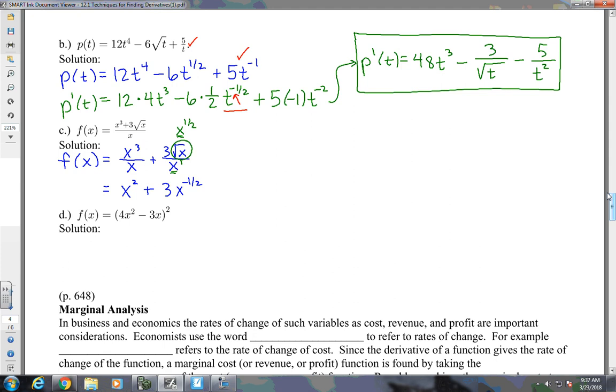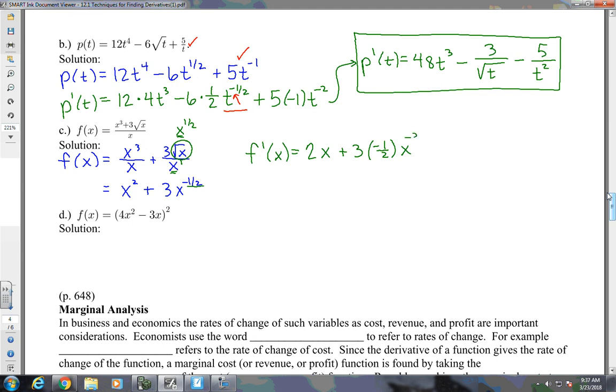I'm going to denote that we're actually changing the operation and we're finding the derivative by naming this function f prime of x. So the derivative of x squared becomes 2x. For the second term, we have constant multiplier 3 times exponent -1/2, and then we need to decrease the original exponent by 1. So we need to take -1/2 and subtract 1. -1/2 minus 1 is the same thing as -1/2 minus 2 over 2.